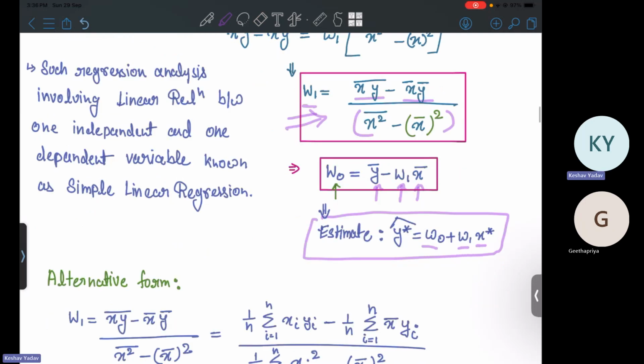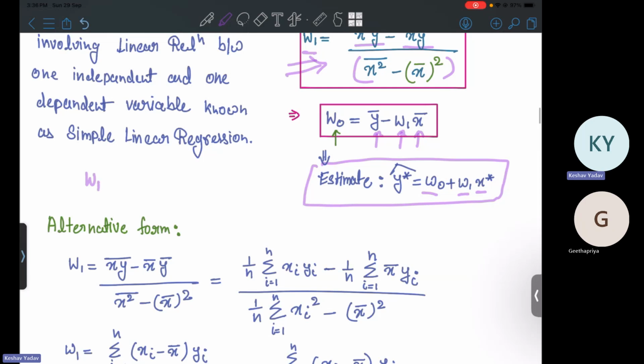You can remember this formula by cross multiplication: xy bar divided by x square bar. You put a minus sign here. You take both together, here also both together, here individual, here individual. Okay, like that.